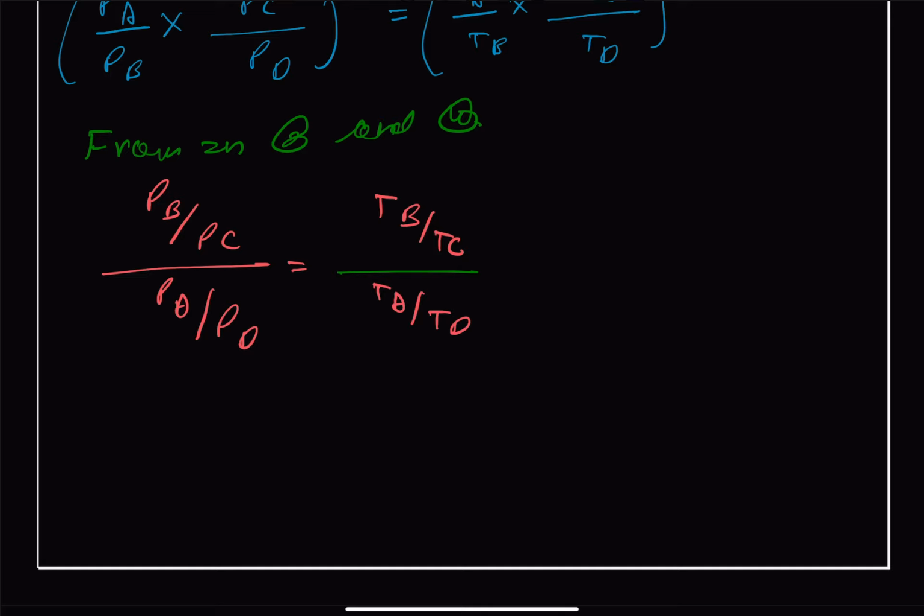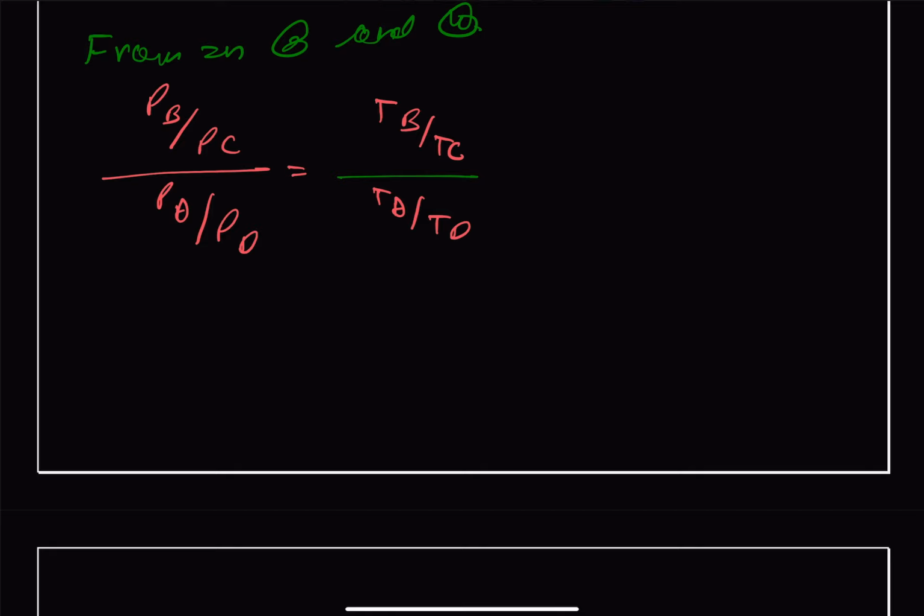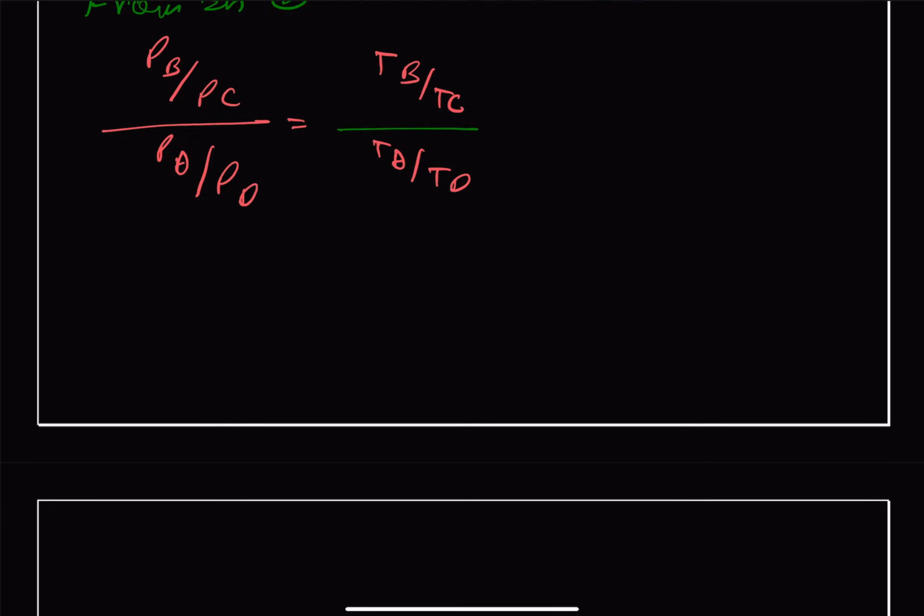This can be simplified and we can write it as PB upon PA multiplied by PD upon PC multiplied by PA upon PD is equal to TB upon TC multiplied by TA upon TD.